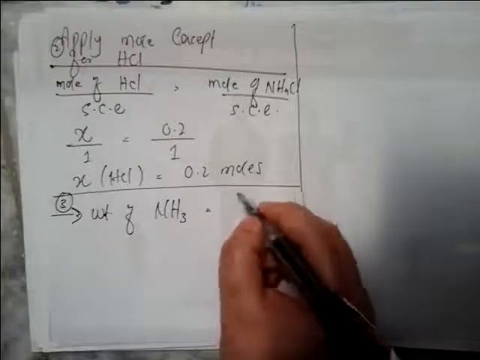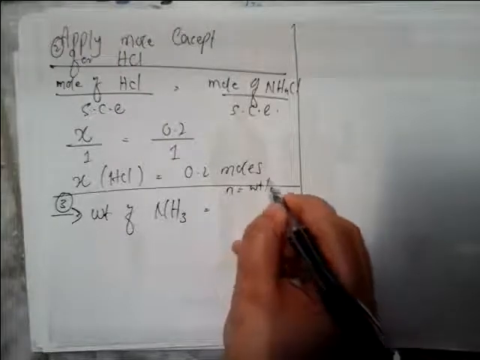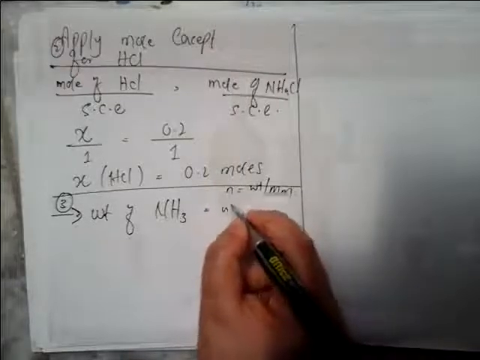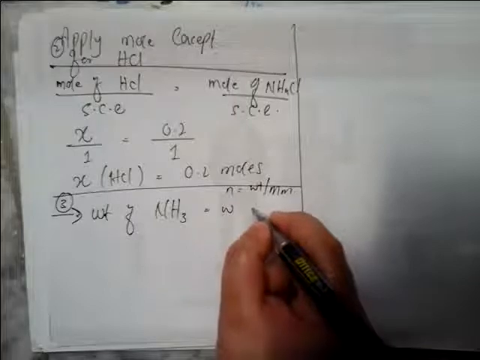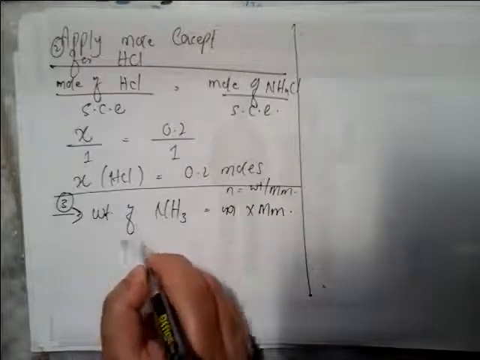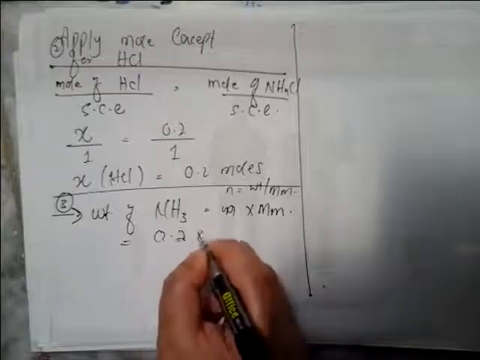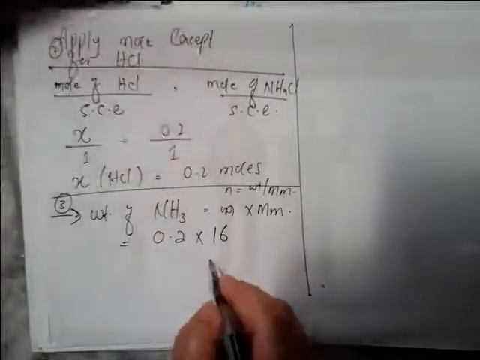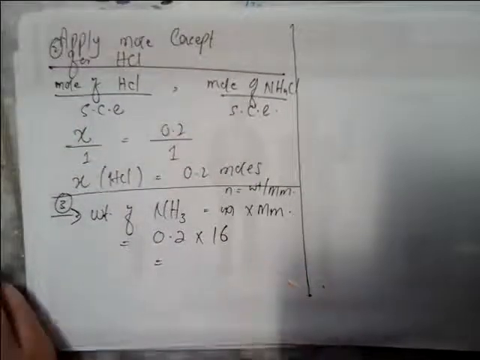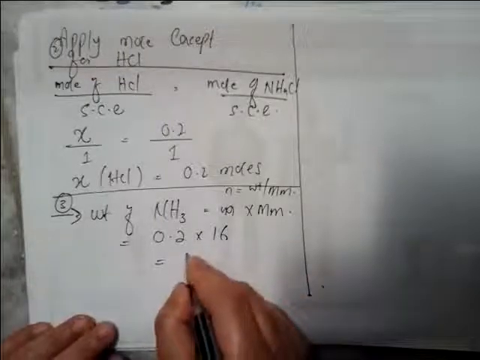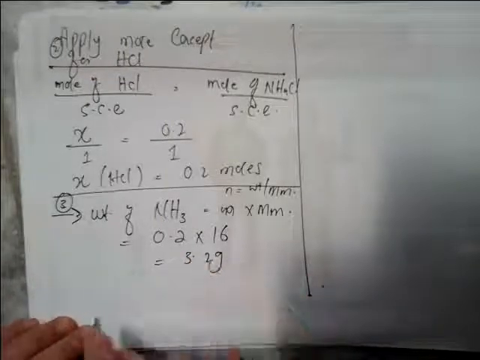We will multiply number of moles by its molar mass. So moles, which was 0.2, multiplied by molar mass of ammonia. Here we find out that it is 16. So 0.2 multiplied by 16 comes out to be 33.2 gram.